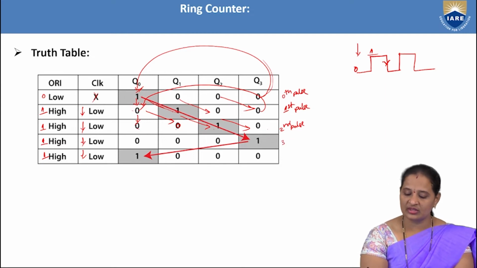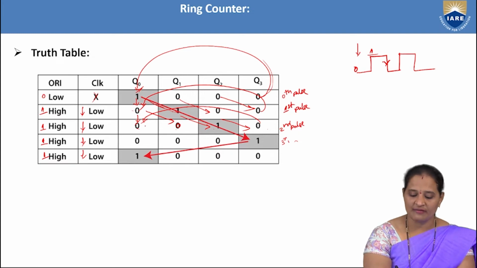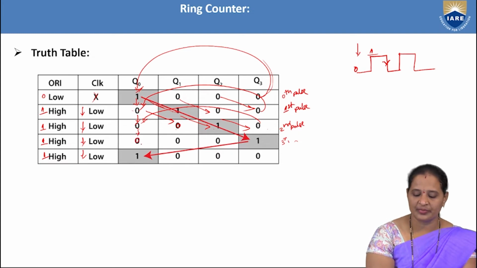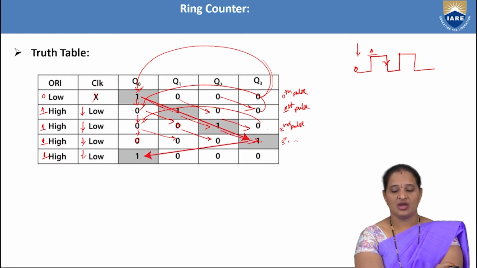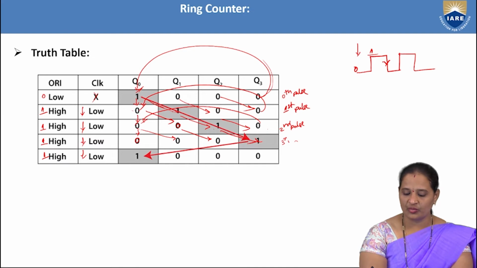Now again during the third pulse, what happens? Again this is moved to the first flip-flop. So now this data will be pushed here, this will be pushed here, and this will be pushed here. And then during the next clock pulse, again this will be coming back.